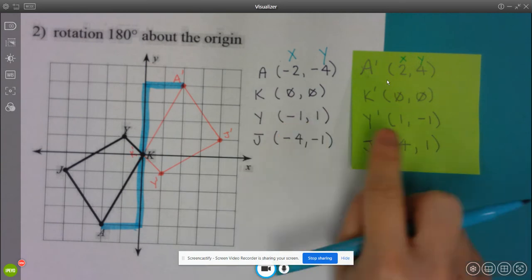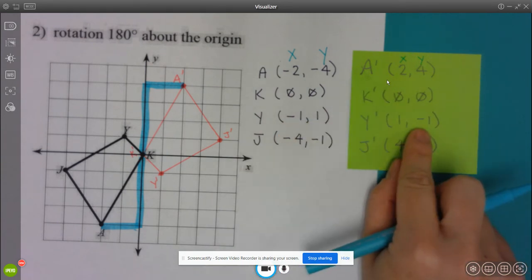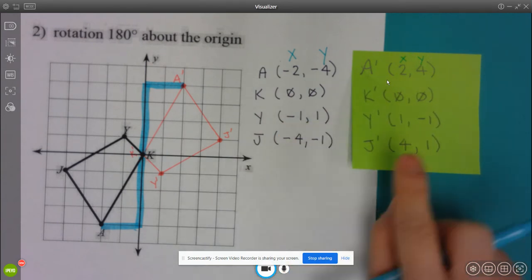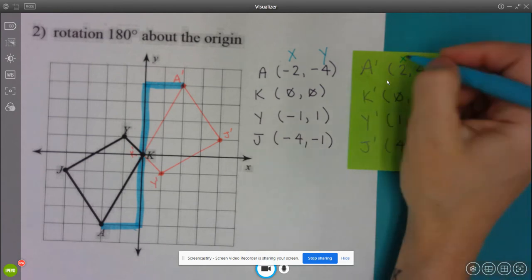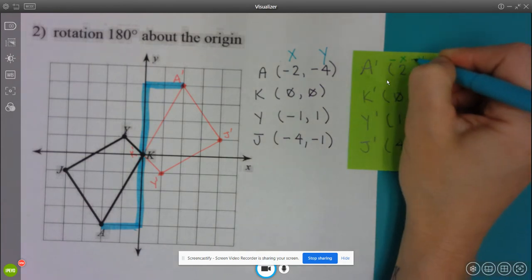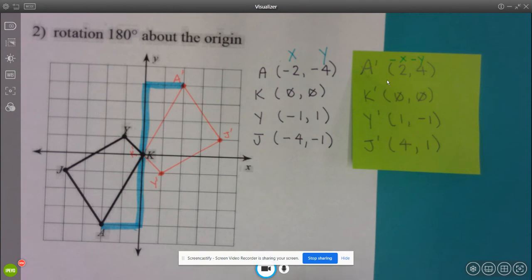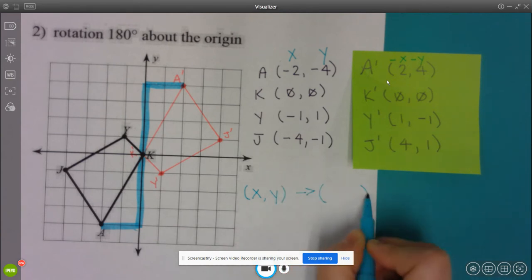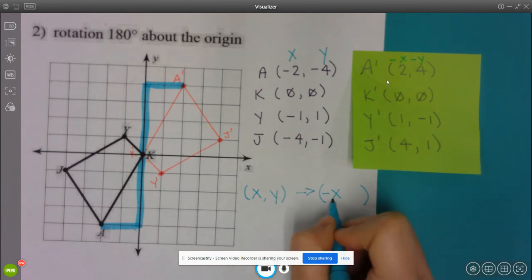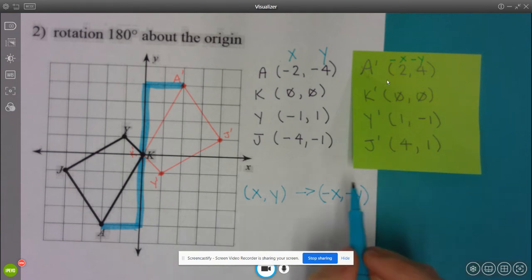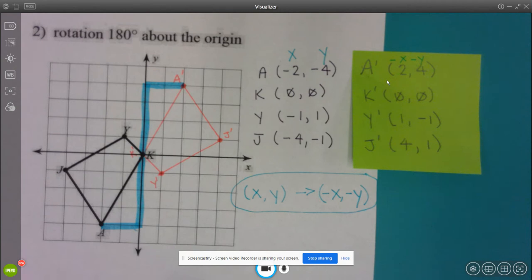So -1 became +1, 1 became -1. These were both negative, they both became positive. So both of these are going to be the opposite of what they were before. So my rule for a 180-degree rotation is that X and Y stay in the same spot in my point, they just have the opposite sign.